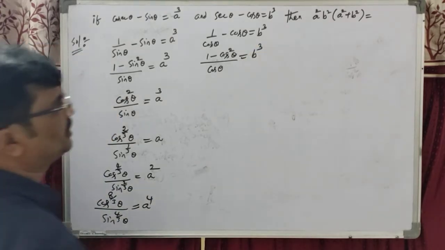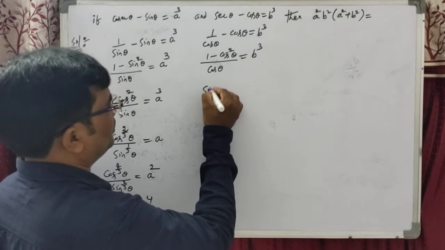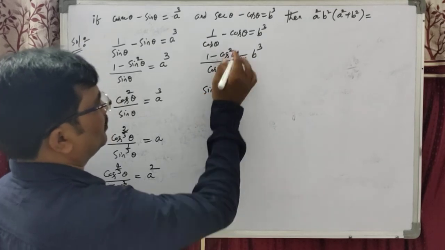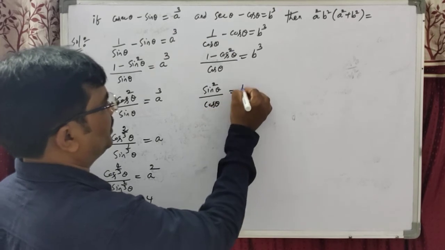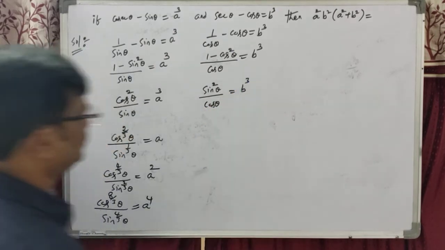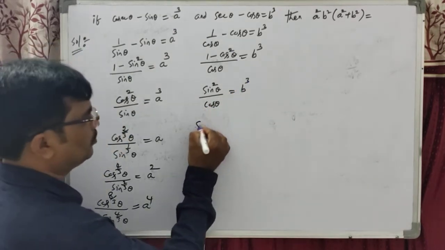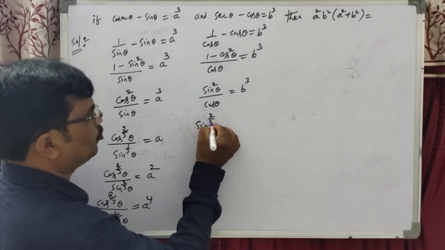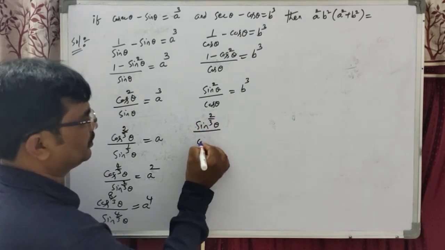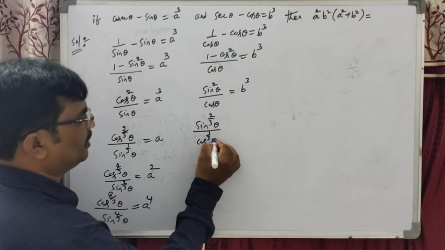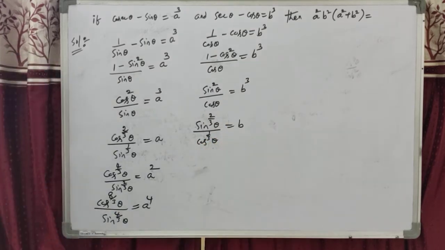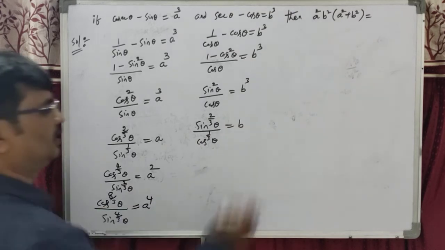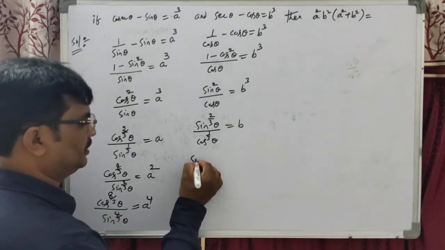Dear students, 1 minus cos square theta is sin square theta by cos theta equal to b cube. Now sin power 2 by 3 theta over cos power 1 by 3 theta equal to b. Taking power 1 by 3 on both sides, 3 cancel.